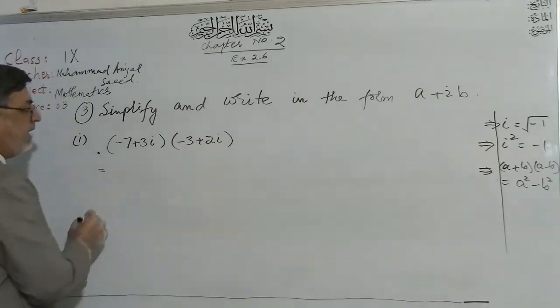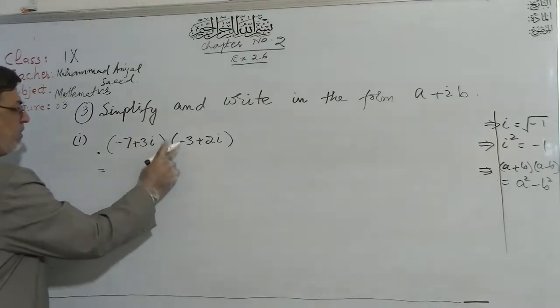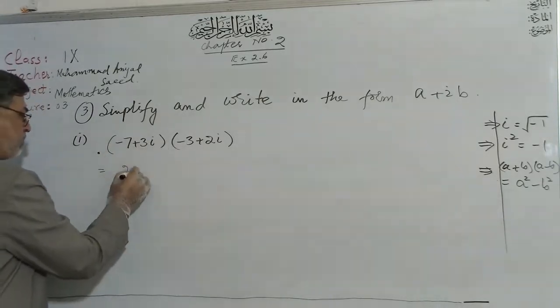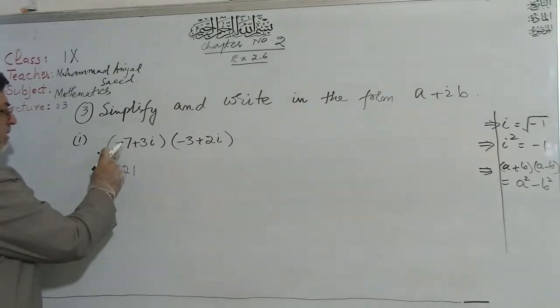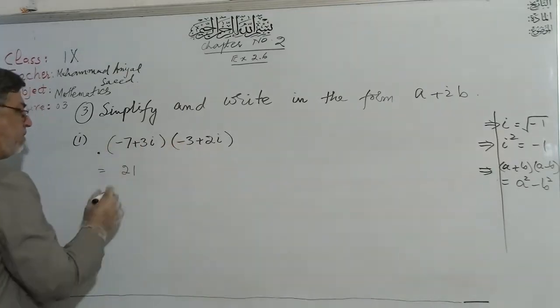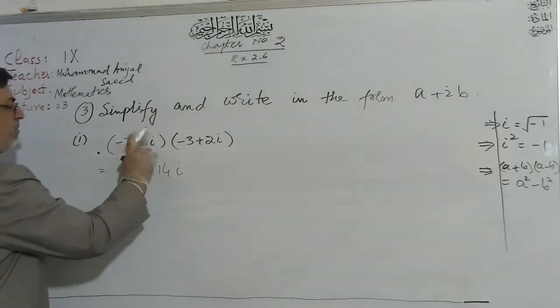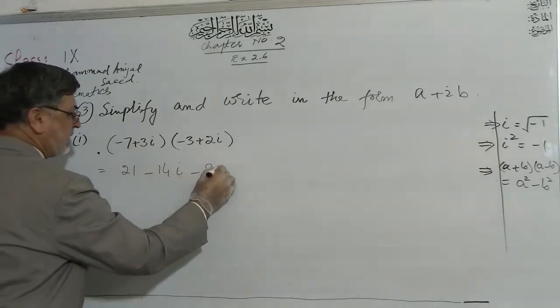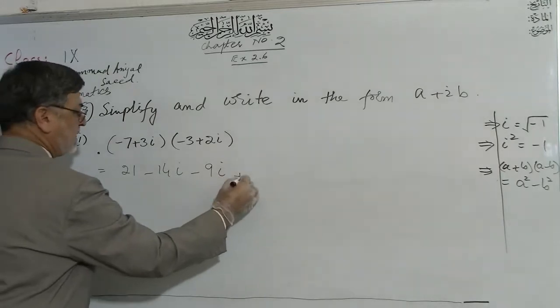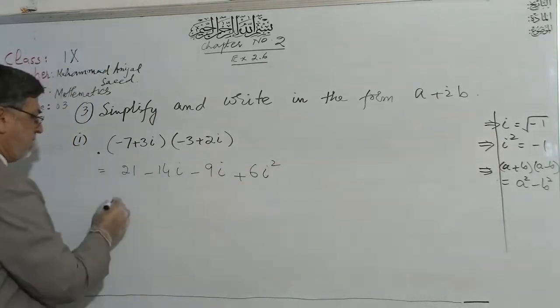Now we multiply normally. Minus 7 into minus 3 is equal to 21. Then minus 7 into plus 2 iota will be minus 14 iota. Then plus 3 into minus 3 is minus 9 iota, and plus 6 iota square.